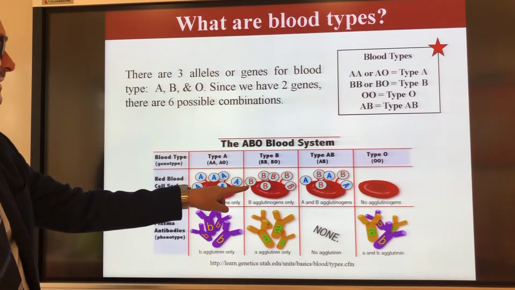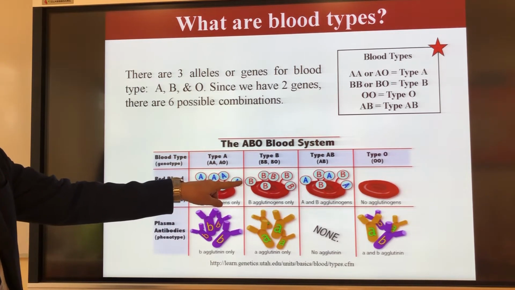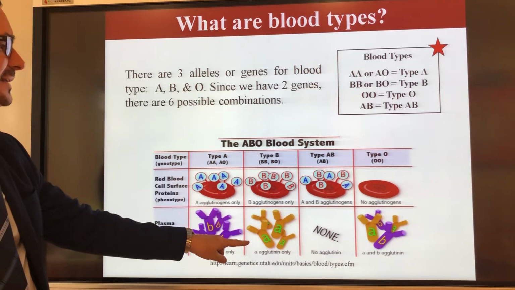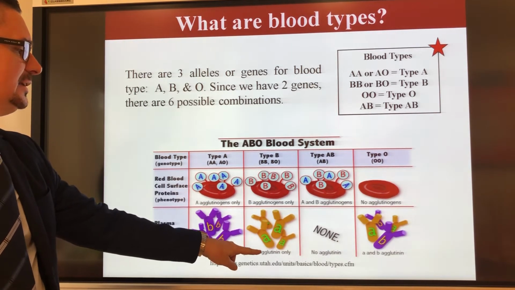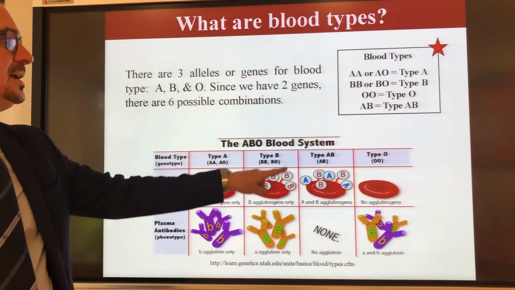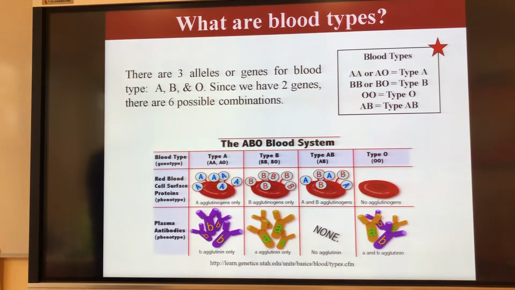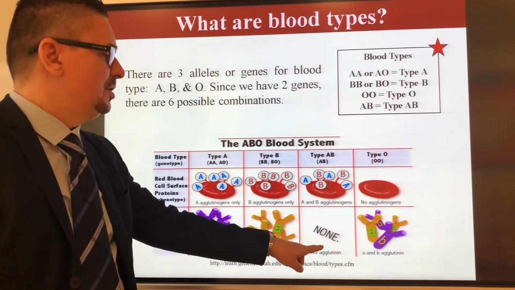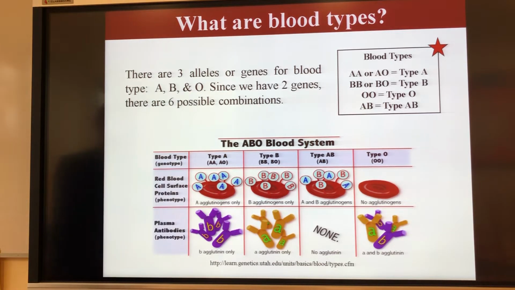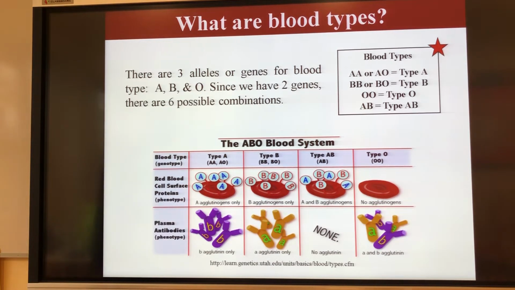Type B has B surface proteins, but the antibody or agglutinin is only A. Type AB has A and B agglutinogens or antigens on the surface, but it has no agglutinin. So look at the last one.